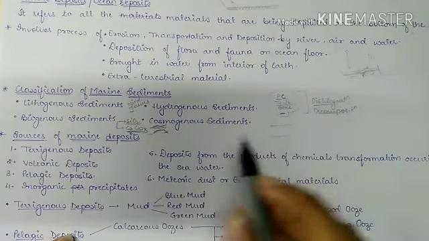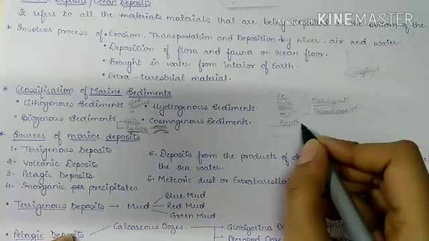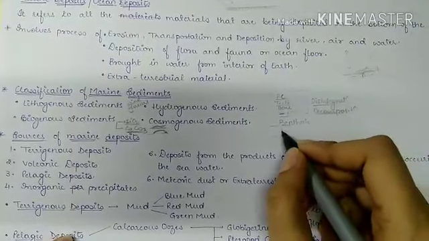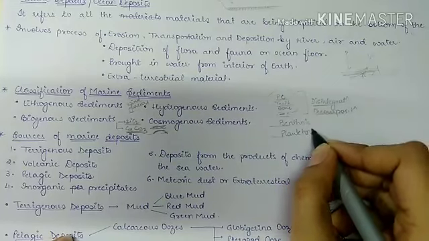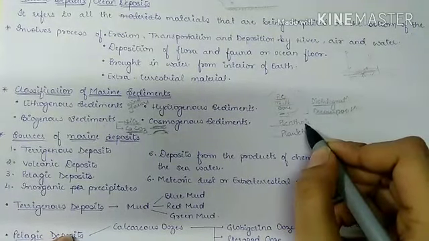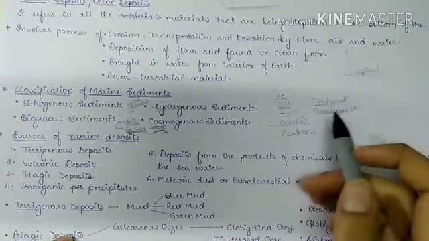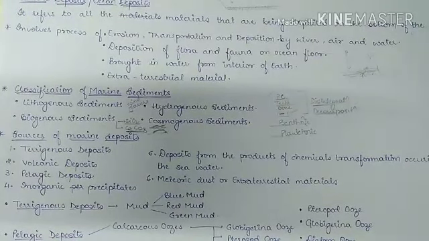So they are classified into two: benthonic and planktonic. Now, the benthonic sediments comprise the remains of animals and plants living on the ocean floor.